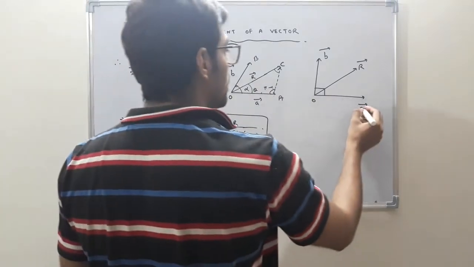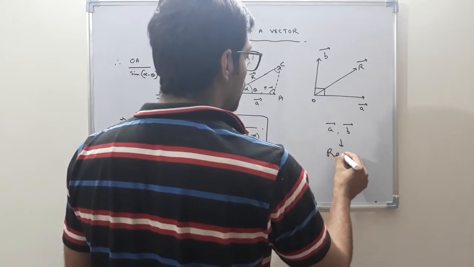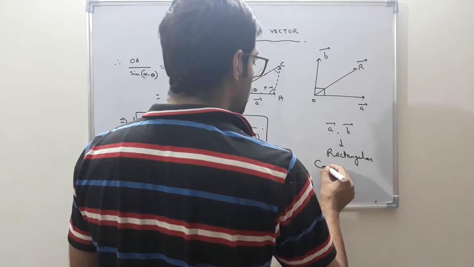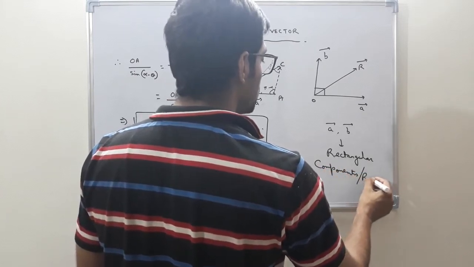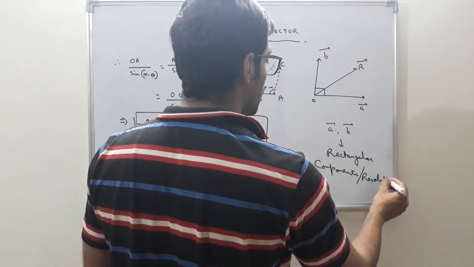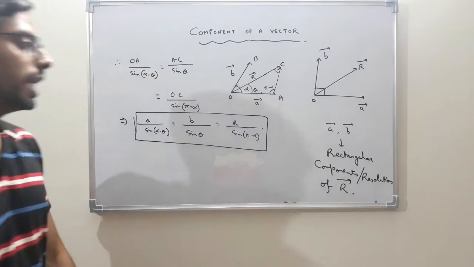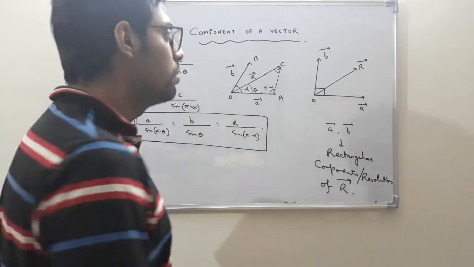Then we will say that A vector and B vector are the rectangular components or rectangular resolutions of R vector.